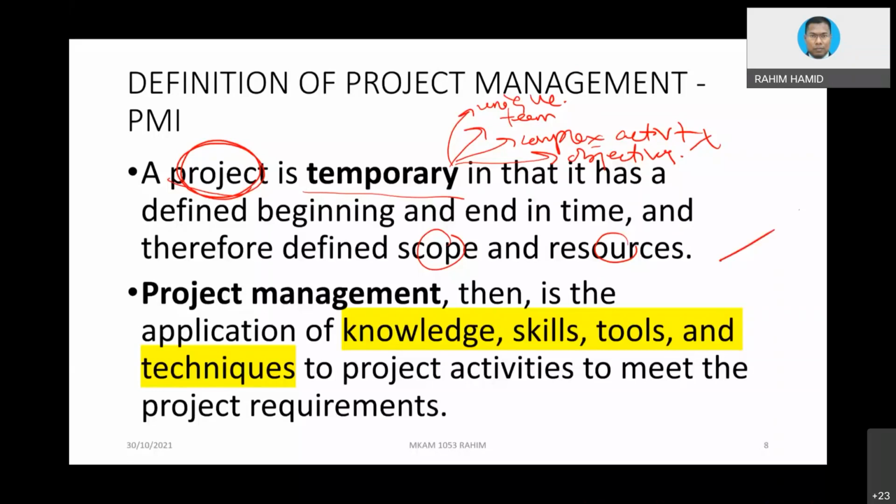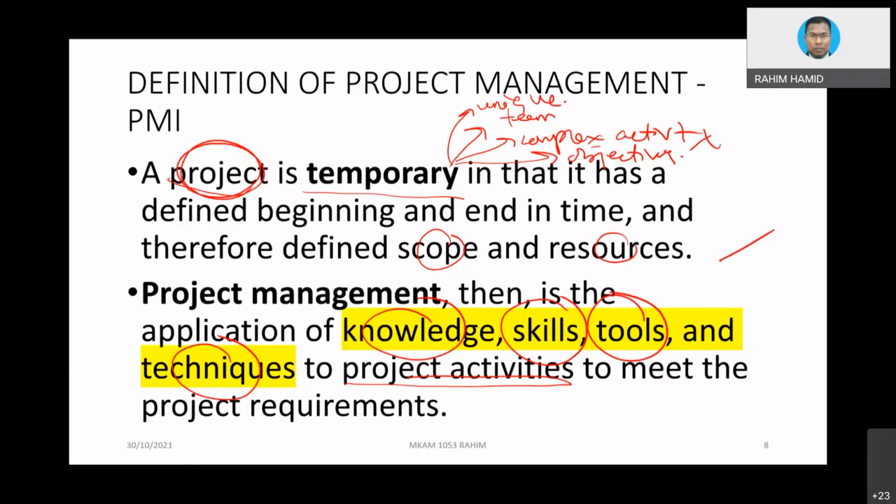Then we go to project management. What is project management? By definition, project management is the application of knowledge, skill, tools, and technique to project activities. So whatever thing that you call a project. Naturally, in the construction industry, our project is basically a construction project.